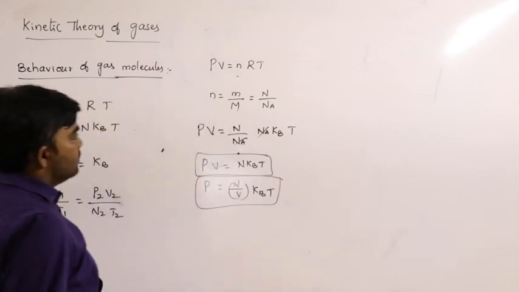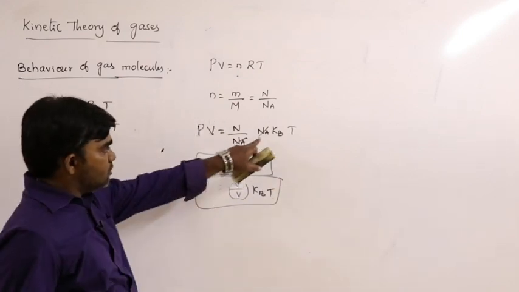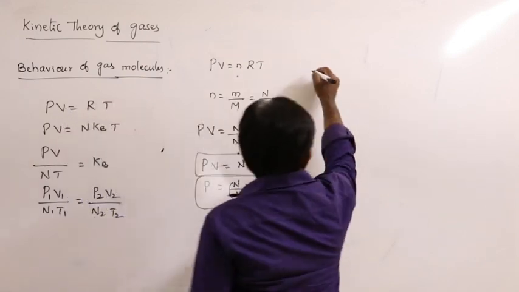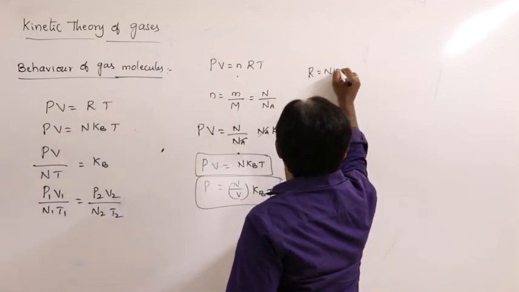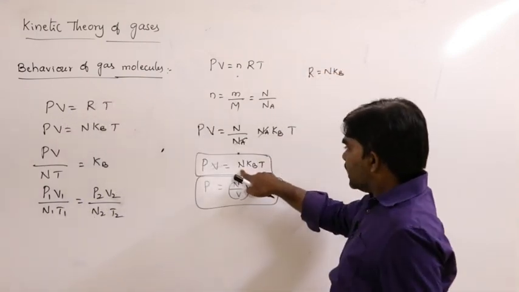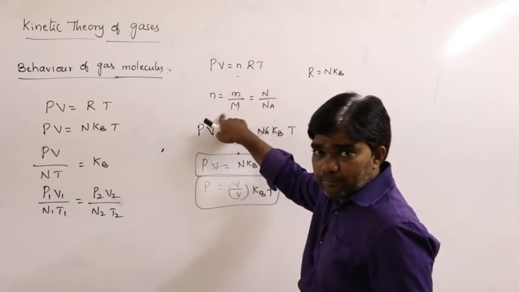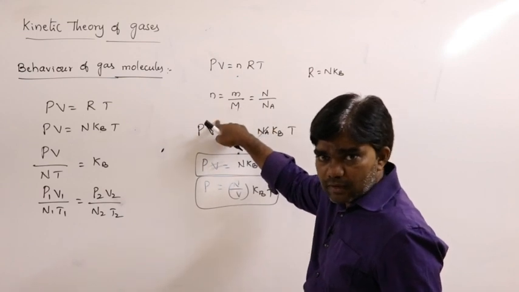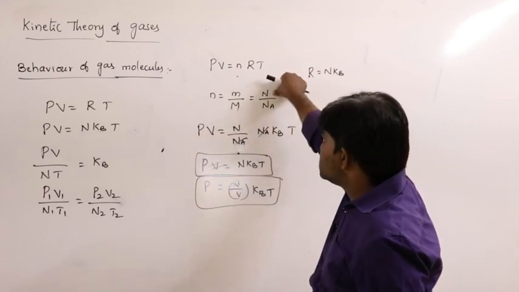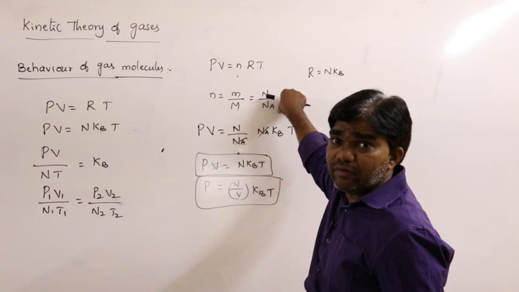Another form. Previously we wrote R is equal to N K_B. Why can we write R equals N K_B? Based on this, n can be written as small m by capital M, given mass by molecular weight, or as the number of molecules divided by the Avogadro number.